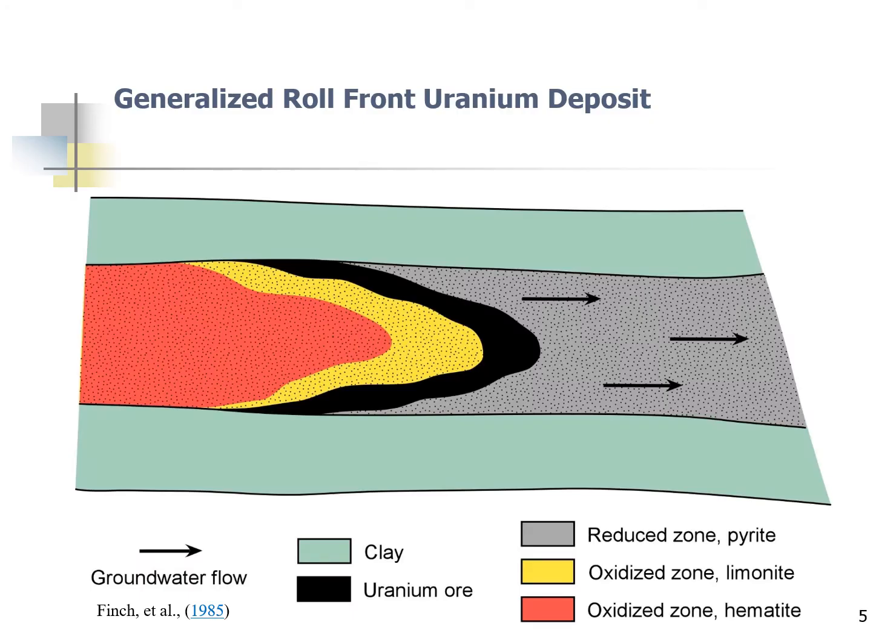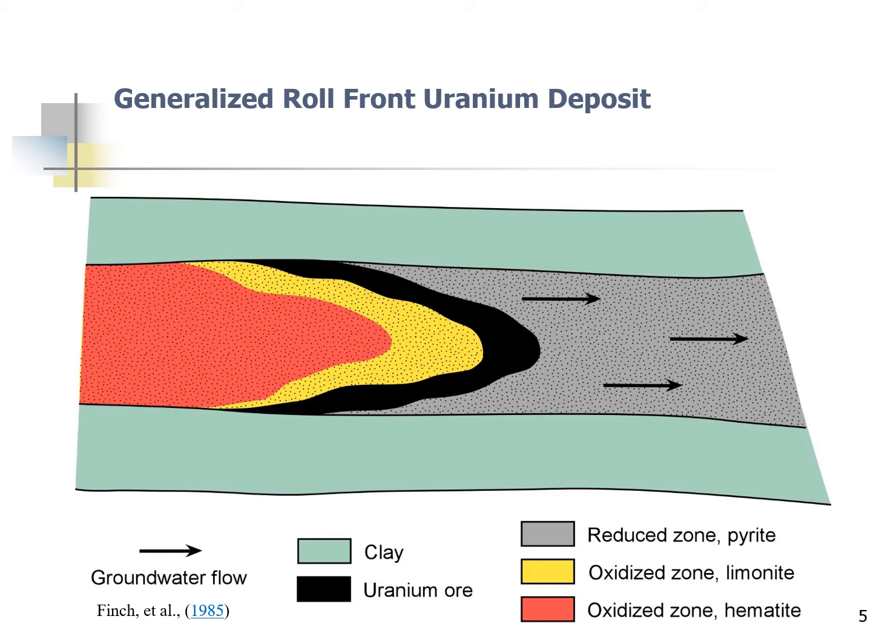Here we have a very simplistic diagram showing a typical roll front. On the upgradient side is oxygen-rich water that has a high concentration of hexavalent uranium. It intrudes into an aquifer that is largely low in oxygen and may have carbonaceous material and/or pyrite present.